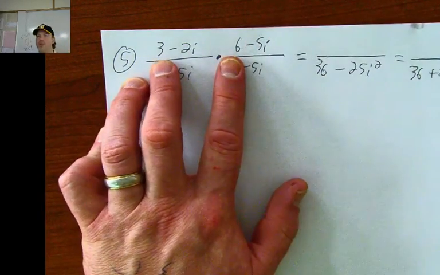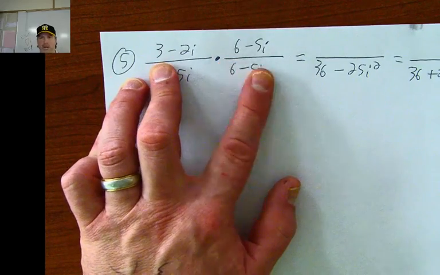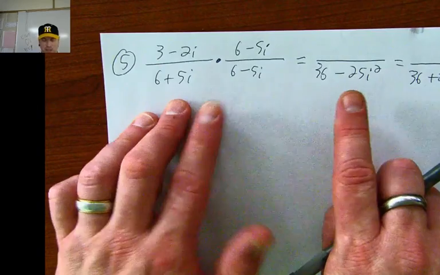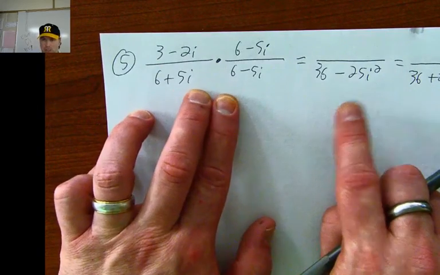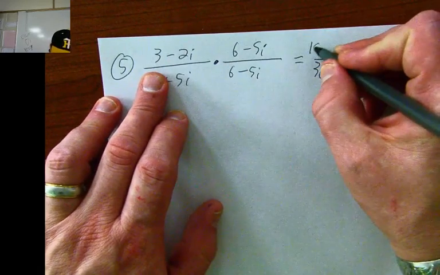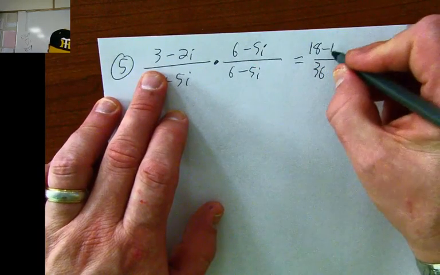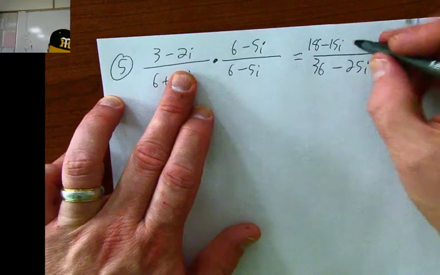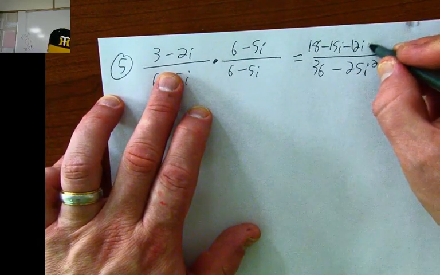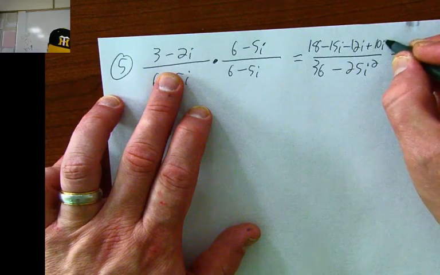You have to do the complete foiling for this because you're not just multiplying it by its conjugate. This trick of the outers and inners canceling out only works with the conjugate. Firsts is 18. Outers, negative 15i. Inners, negative 12i. Lasts, positive 10i squared.